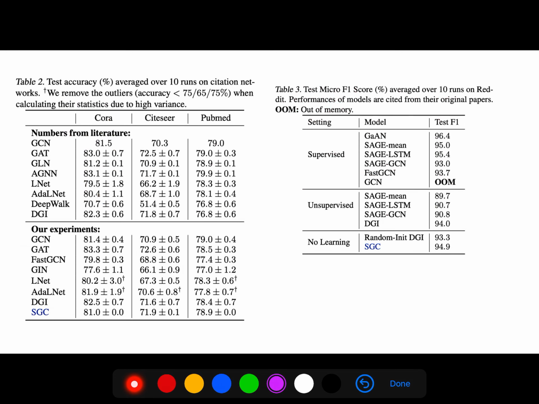And let's have a look. The hardest dataset, as you observe, is this CiteSeer dataset, which is 71%. Of course, this paper is from 2019. Now we have more than 90% accuracy.